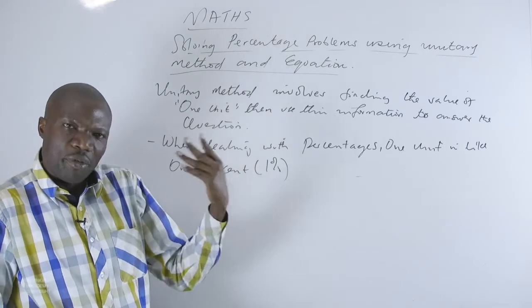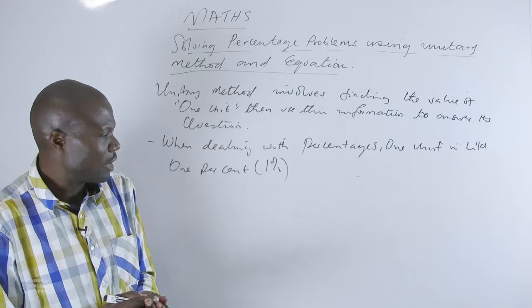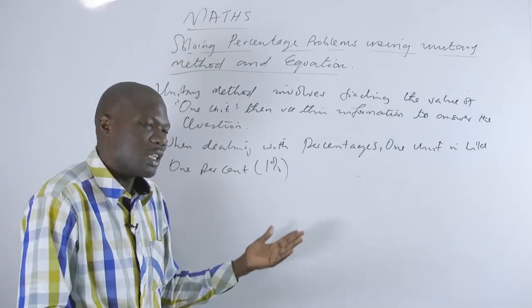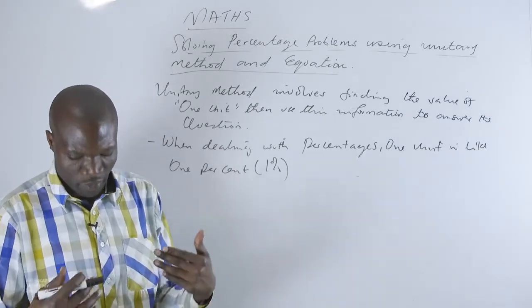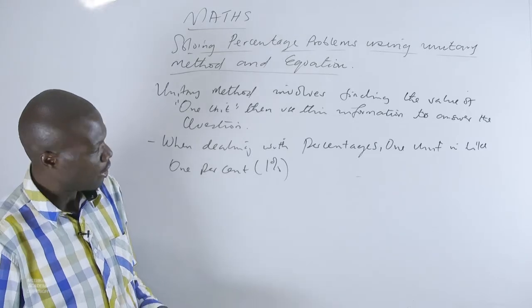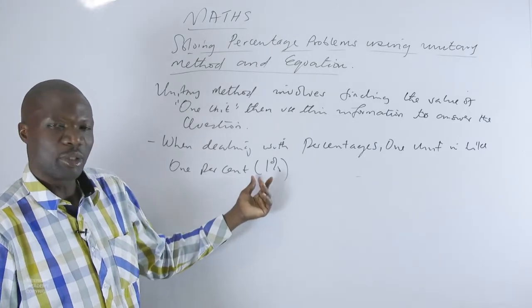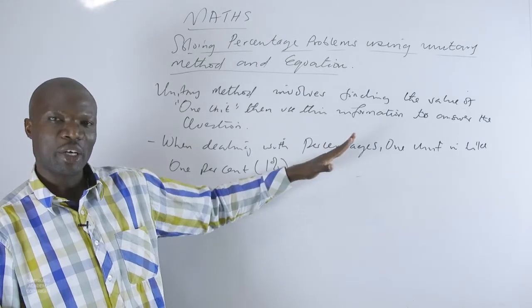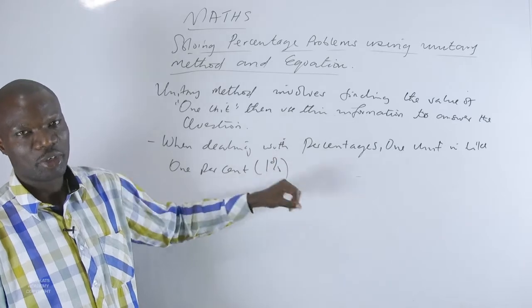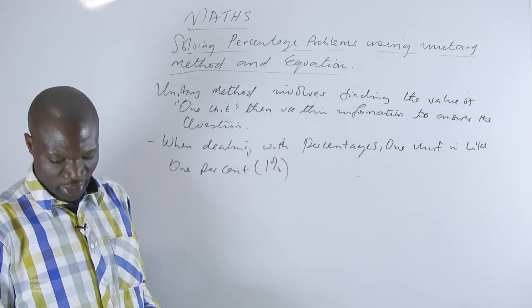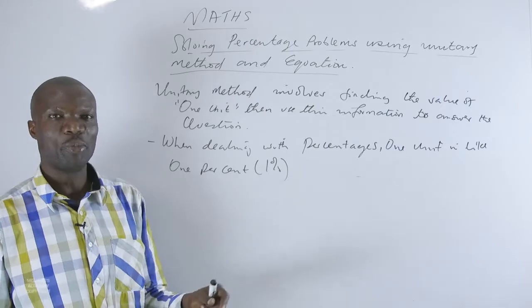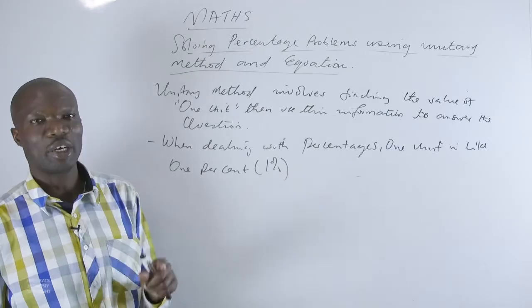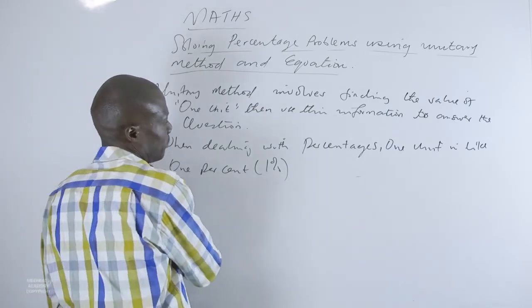So supposing we have known the value of 1%. Once the value of 1% has been known, we shall multiply by whichever percentage is given to find its value. So let us look at the questions and see how best this unitary method assists us.